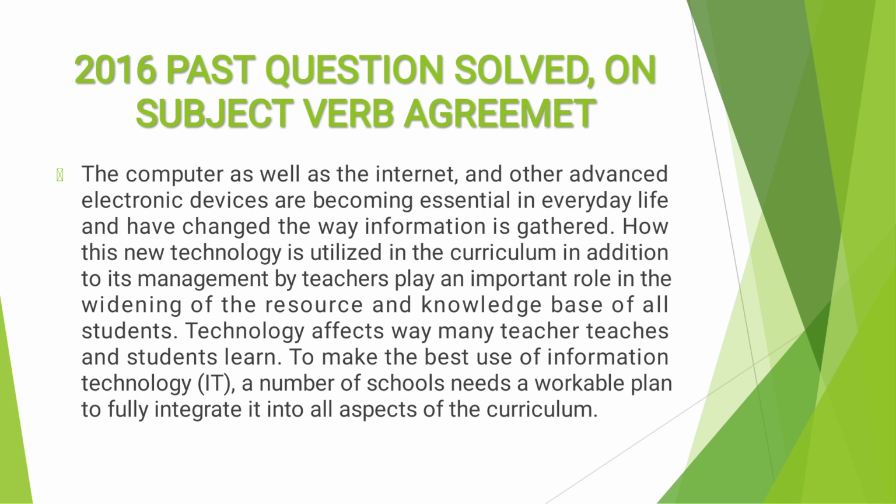But pseudo conjunction says that the subject that comes before the pseudo conjunction, such as together with, as well as, in the company of, with, must determine the nature of the verb.